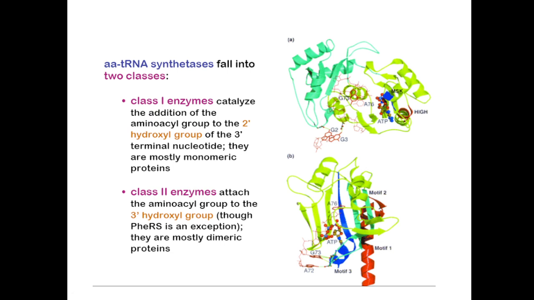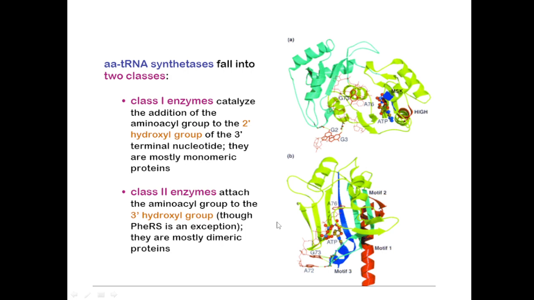The first class provides catalysis of association of the amino acid with the second hydroxy group of the 3' end, and the second class attaches the activated amino acid to the 3' end hydroxy group.